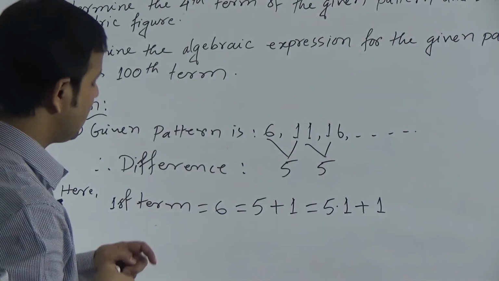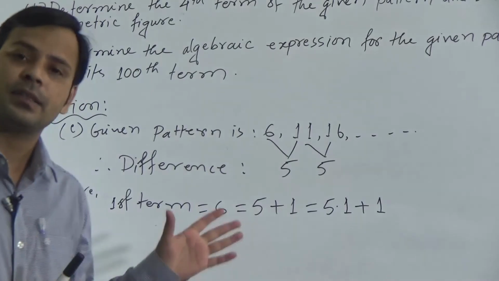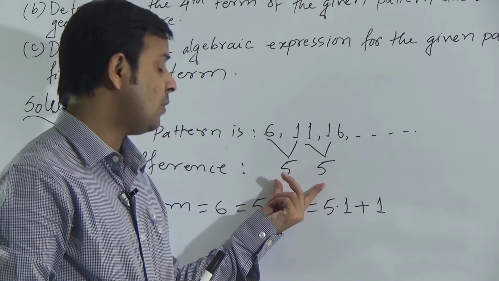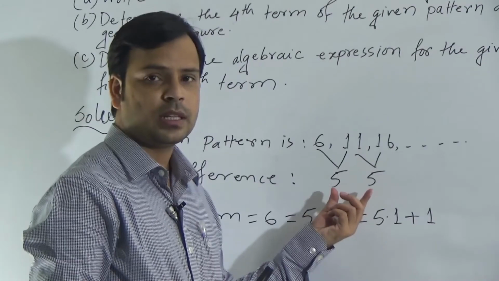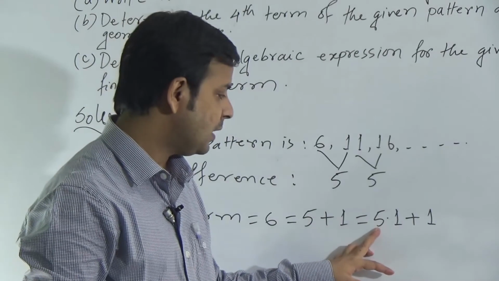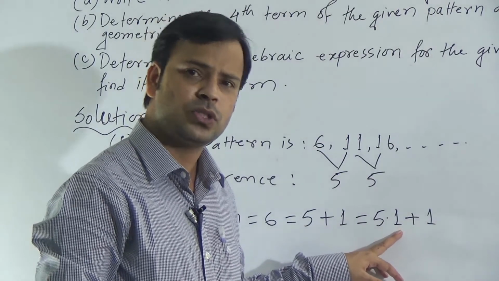Students, in the last class I showed you a technique to find the algebraic expression: when the difference of two consecutive terms is equal, you take that difference, and for the first term you multiply it by 1. Use this technique.